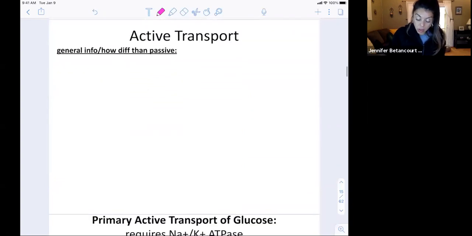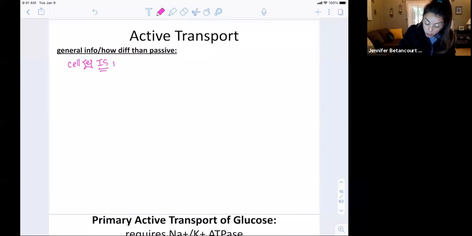All right, so active transport. This is obviously different. If passive transport means cell energy is not required, well, if it's active transport, net cell energy is required. That cell energy can come from a variety of different sources. You'll say, wait, isn't ATP cell energy?